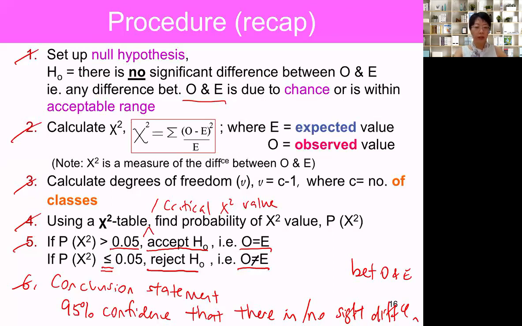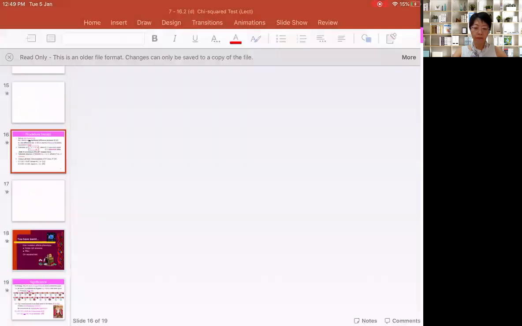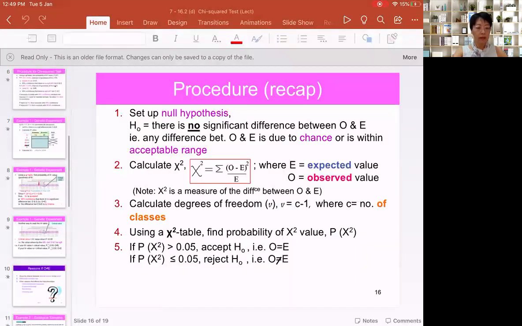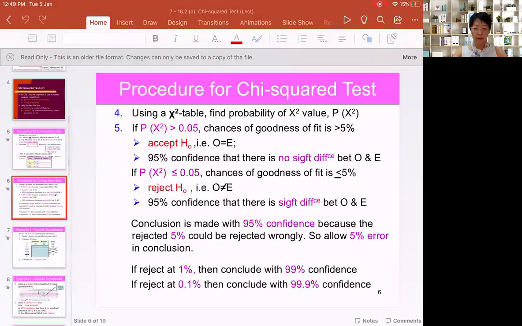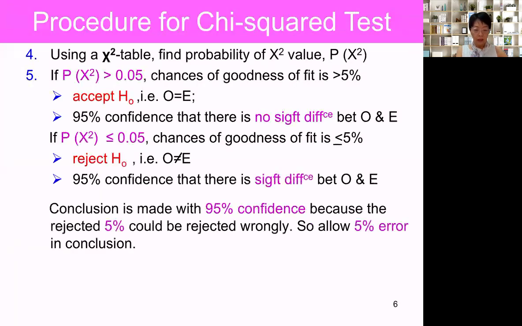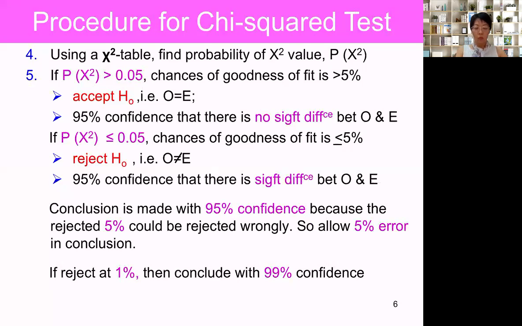I'm going to show you another thing here, which is also quite important, okay, in my earlier slide here. So what I want you to see here is, now, whenever we reject the final 5% data of the population, your conclusion is 95% confidence, okay?